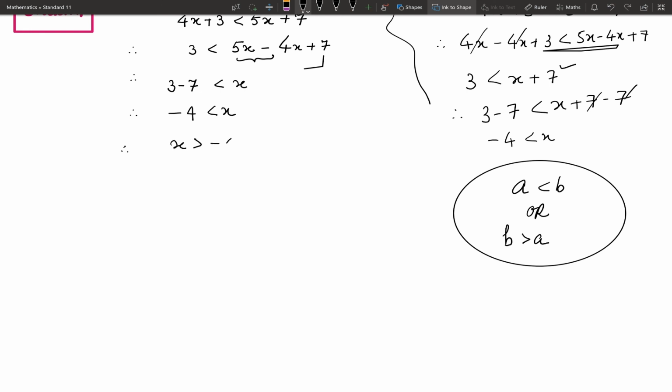Therefore for real x, the solution set, since it is a strict inequality, will be the open interval minus 4 to plus infinity. So this is the solution set in the case of x belongs to R.